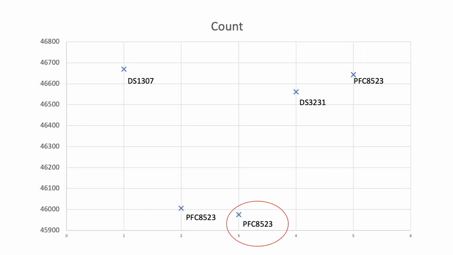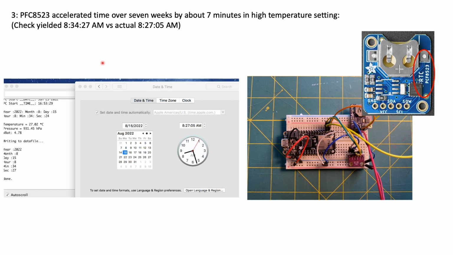So I went ahead and did the same test for this second real-time clock that plotted way down on the count over here. In this case, this one also accelerated time over 7 weeks by about 7 minutes in a high temperature setting. And here are the differences between the two.